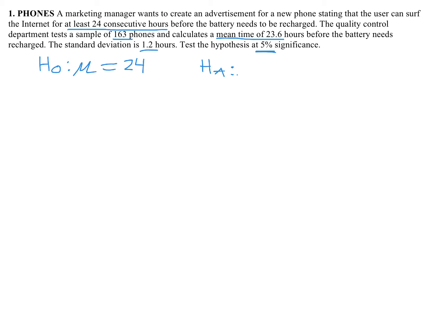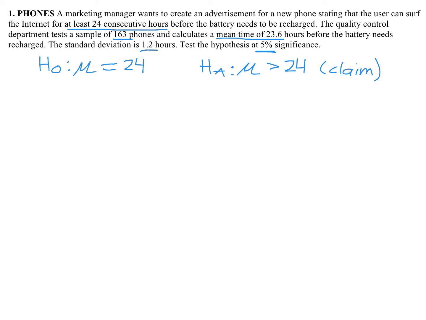Now, HA, this is our claim. So he claimed it could last at least 24. So our HA, our alternative hypothesis, is that mu is greater than 24. And the book likes you to say which one is the claim. Okay, so those are our hypotheses.